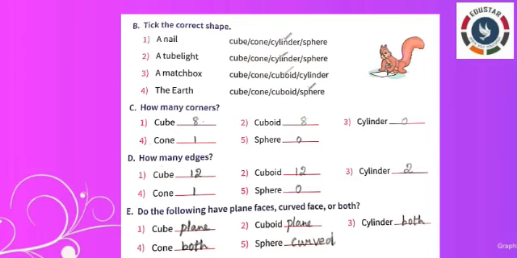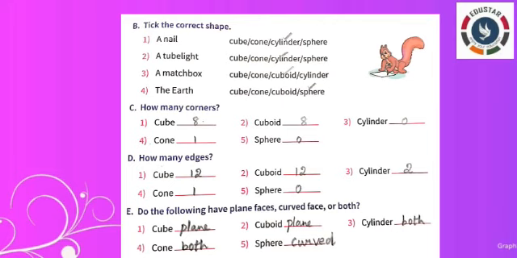Exercise E. Do the following have plain faces, curved face, or both? The first one is cube. Cube has plain faces. Number 2, cuboid. Cuboid has plain faces.